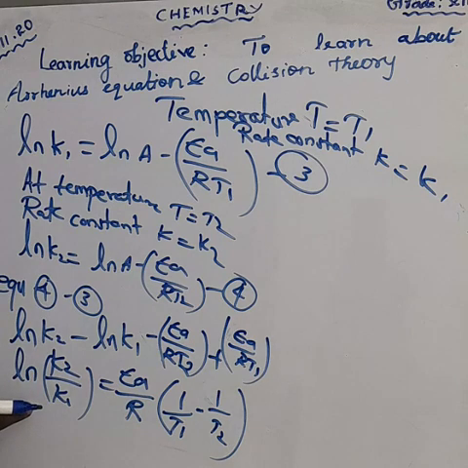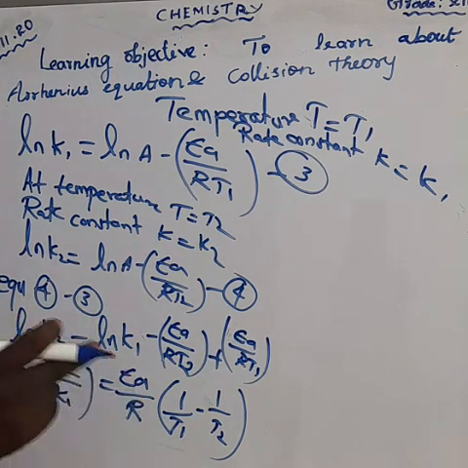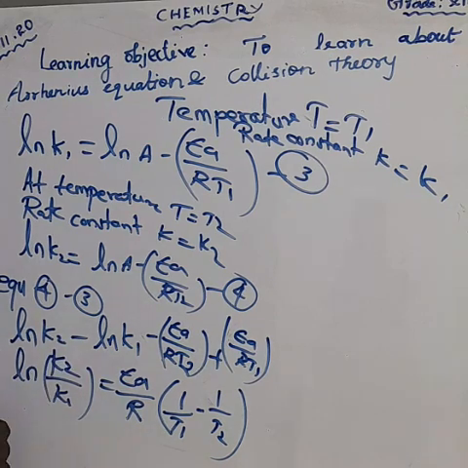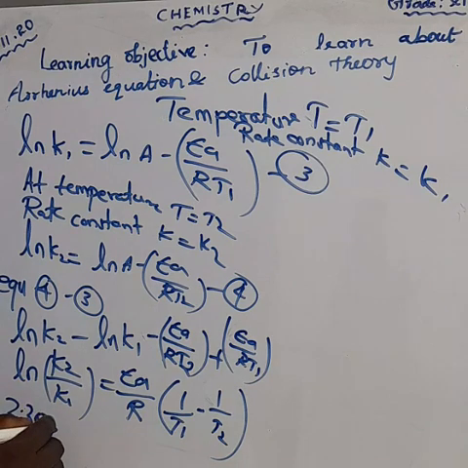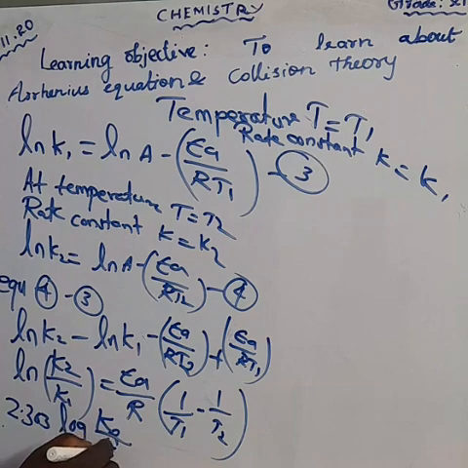Here ln is converted to log by multiplying by 2.303, so 2.303 log K2 by K1.